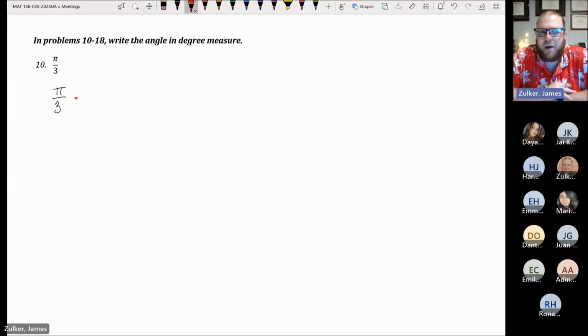Again, we're going to use pi radians is equal to 180 degrees. Except this time, we say that 1 radian is 180 over pi degrees.